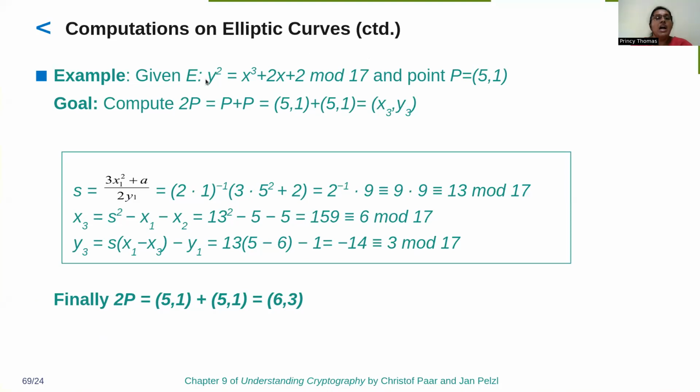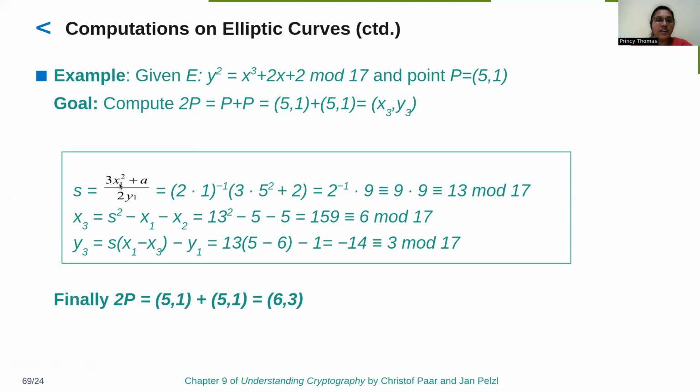Now the problem is to compute 2P. So we want to compute P plus P, (5, 1) plus (5, 1). It is not (10, 2). We have to use the equation. We saw if P is equal to Q, that means these two are the same, then the equation for s is s equals (3x1 square plus a) divided by 2y1.